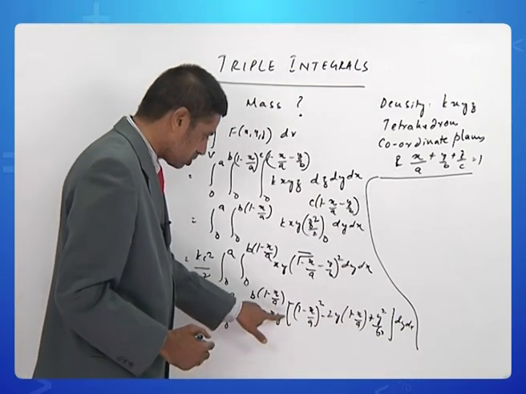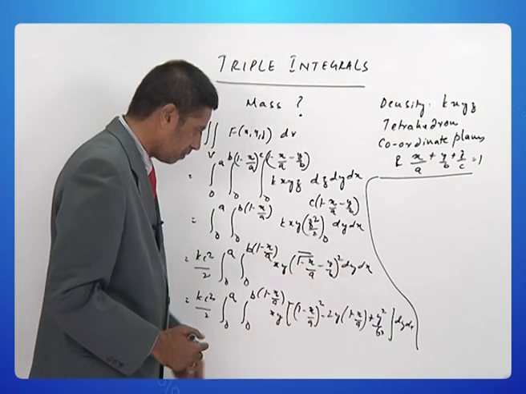So you will find x into 1 minus x by a whole squared coming everywhere.